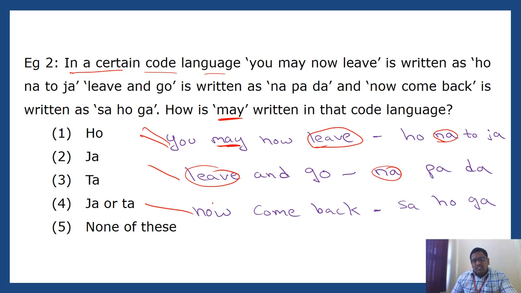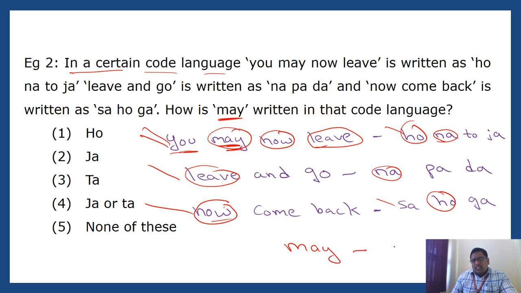Which English word is common? Now is common, in 1 and 3. Which code word is common? Ho is common. So now means ho. Now still I don't know you. What does you mean? So the possibility is that may means it can be either to or ja.